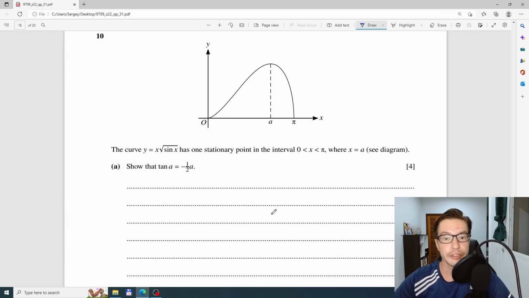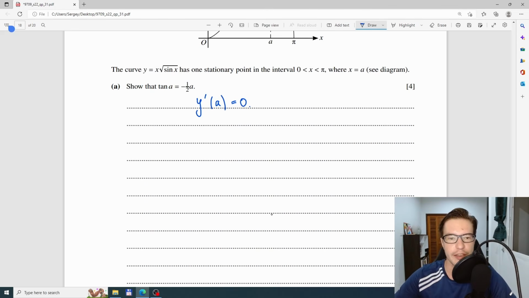Okay, time for the last question. We have a curve and there is a stationary point, and immediately when we see the stationary point, we can think that the derivative at that point, a, must be equal to 0. So that means we'll have to differentiate the equation y equals x, and I will replace the square root with the power of 1 over 2.